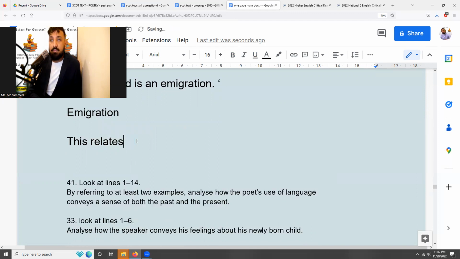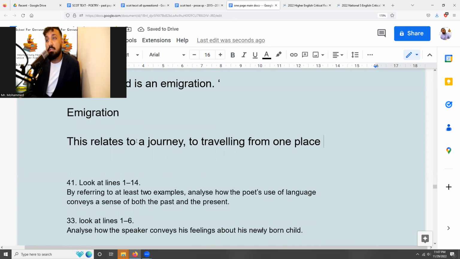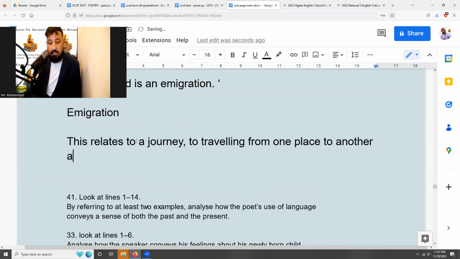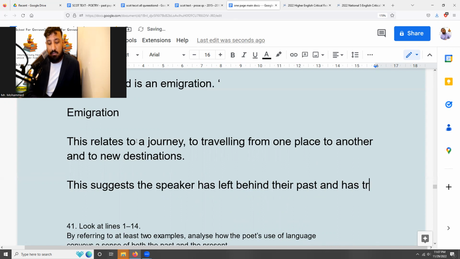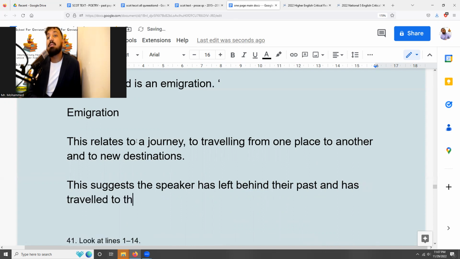Immigration. This relates to journey, to traveling from one place to another, and to new destinations. So basic word choice. This suggests the speaker has left behind their past and has traveled to the new destination of their present.